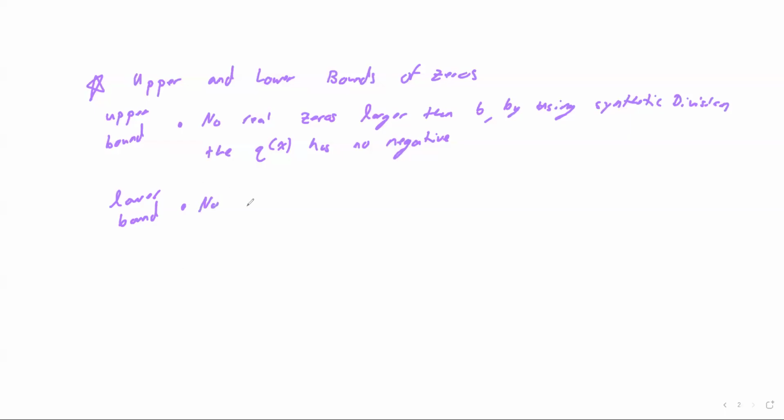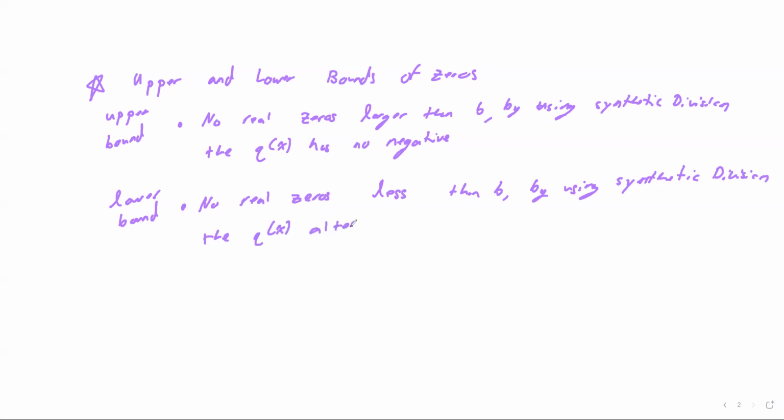Right? So again, that would be no real zeros less than B, or sorry, not larger this time, less than B. And again, we're going to be using that synthetic division where the Q of X alternates signs.